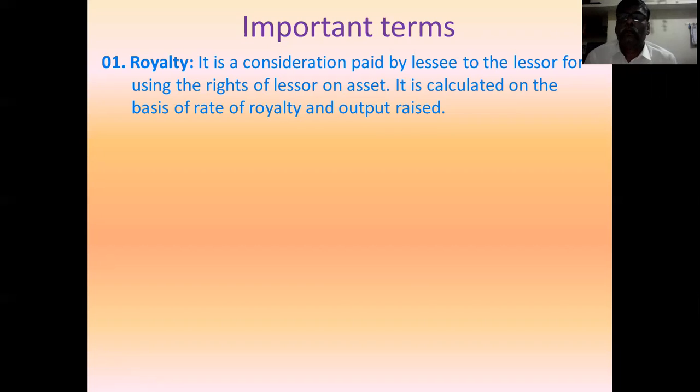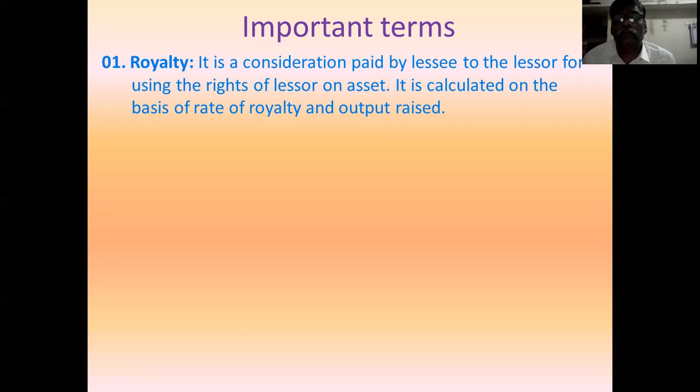In case of mining companies, the royalty is calculated on the basis of tons of mineral raised from the breadth of the earth. In case of publication of books, number of books printed and sold.